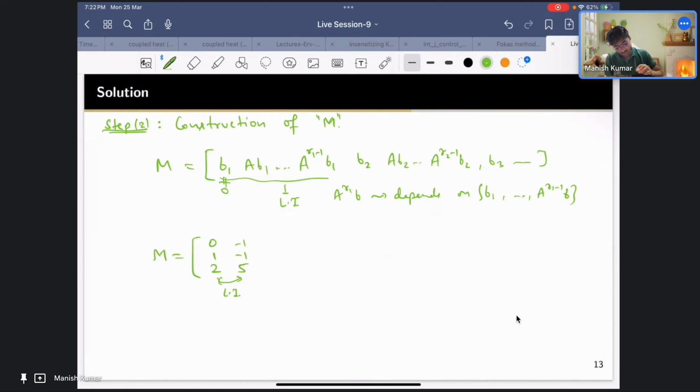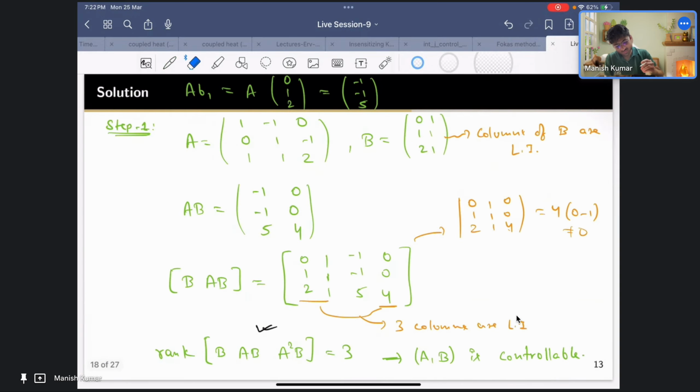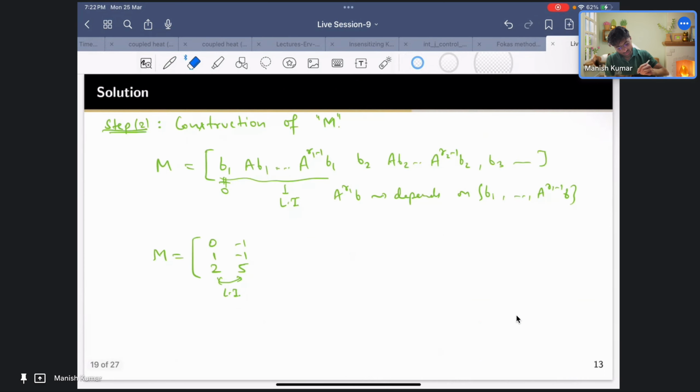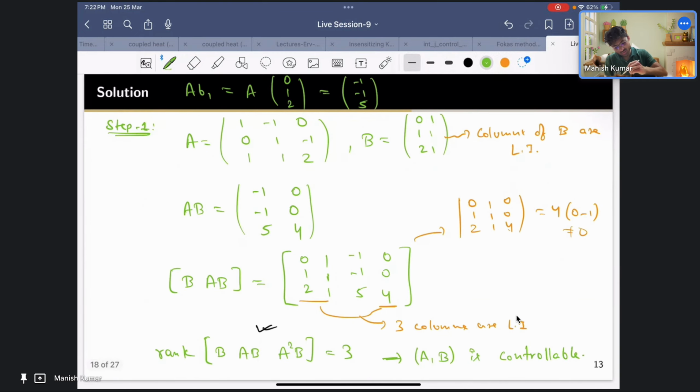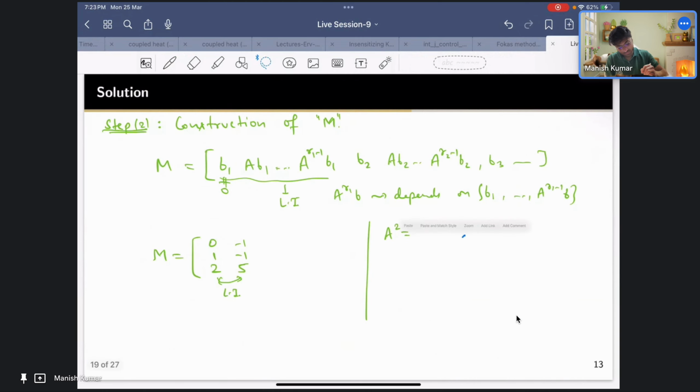Now the next step would be to take the power again, A squared B1. For that we'll have to compute A squared. So just compute A squared somewhere here, which is just the square of this matrix.